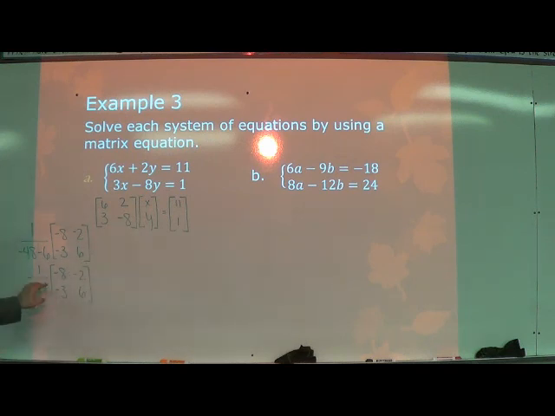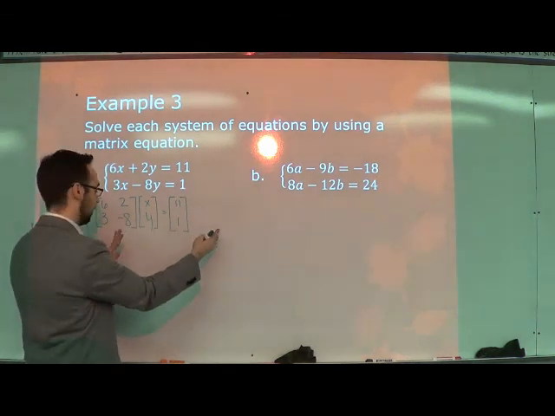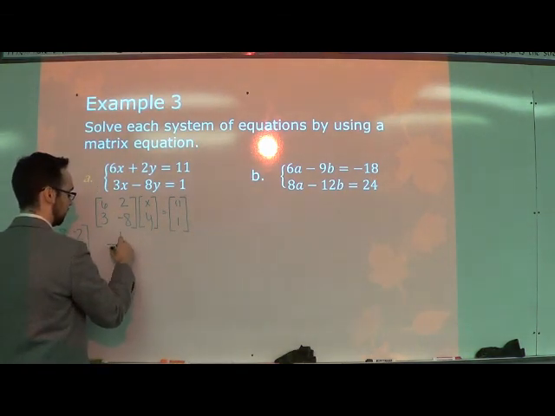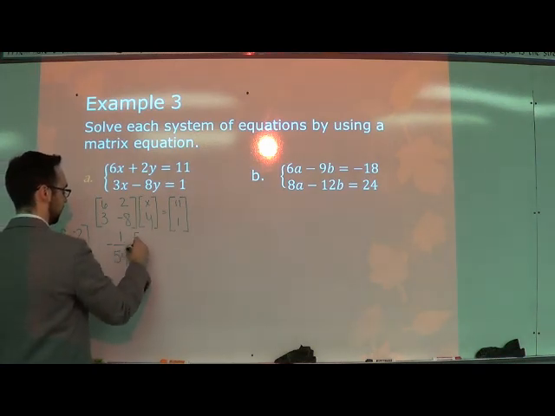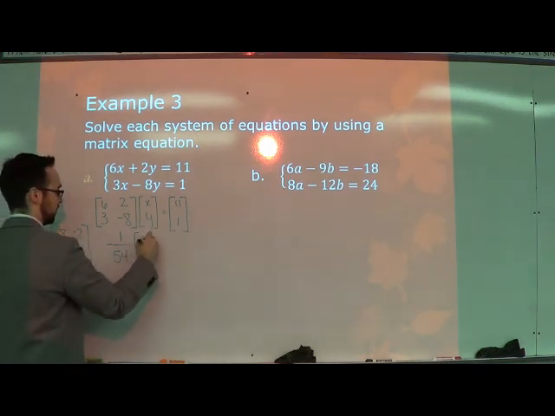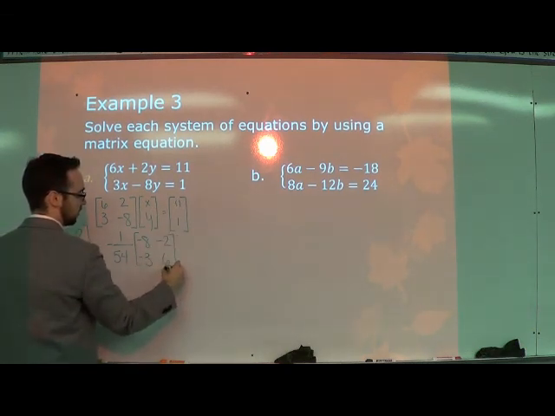Now notice, this is not going to divide out evenly, so we are not going to actually multiply through by this. I'm just going to multiply both sides by it. So when I multiply both sides, we end up with 1 over negative 54 times that inverse matrix, which is negative 8, negative 2, negative 3, and 6.